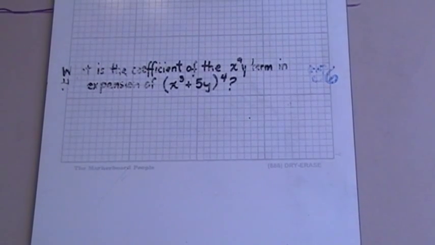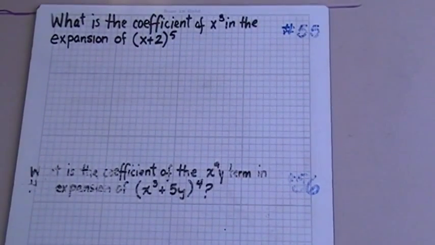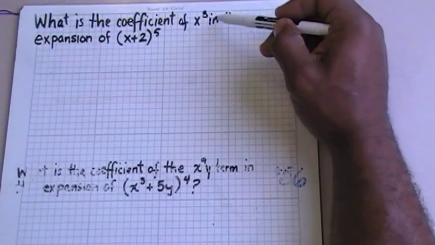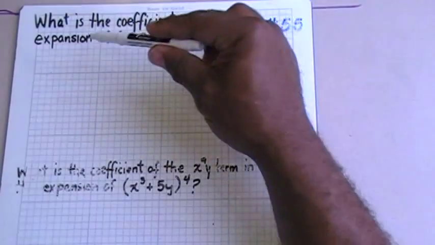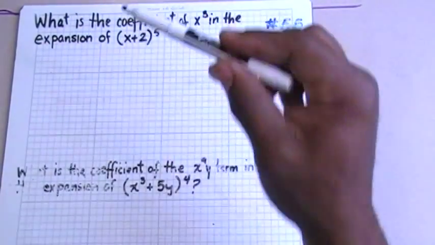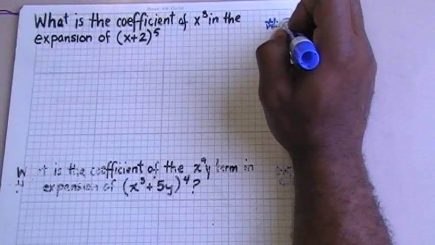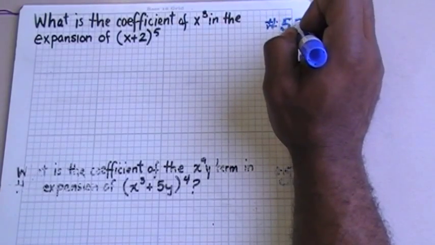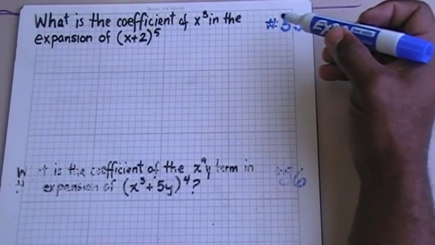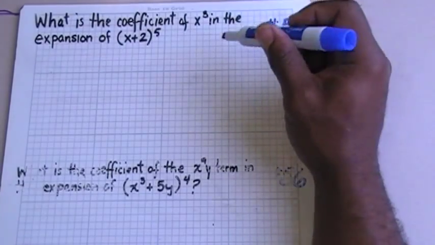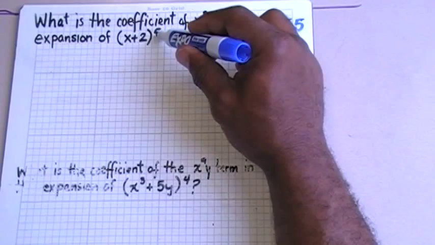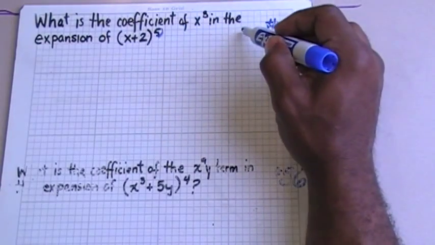What is the coefficient of the x cubed in the expansion of (x + 2) to the 5th? Once again, I like these problems. You should too, because unlike the first videos we did in class, you don't have to write out all the terms, but you do need the 5th row of Pascal's triangle.